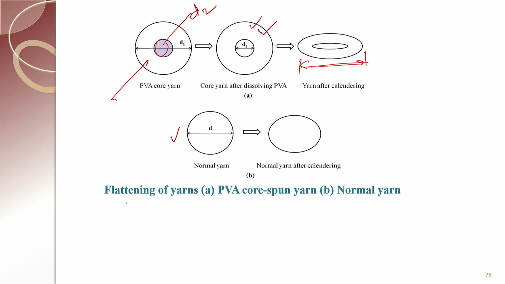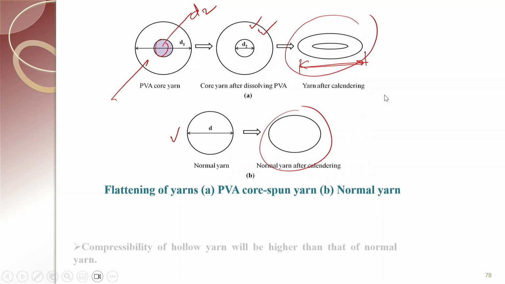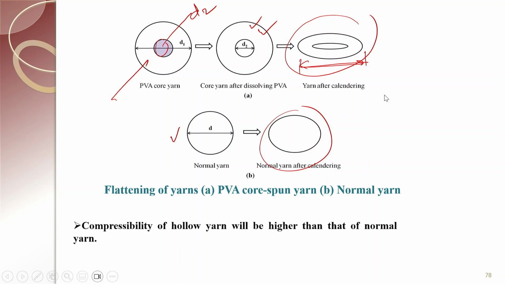So, here is the flattening of yarns: this one is the PVA core spun yarn, and here B is the normal yarn. So, compressibility of hollow yarn will be higher than the normal yarn.